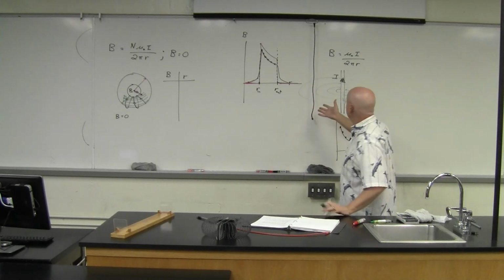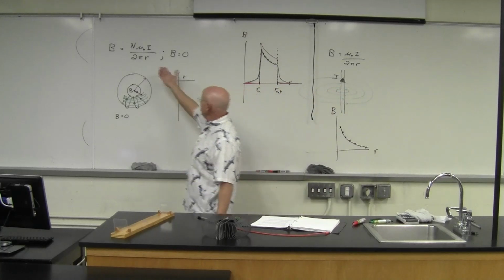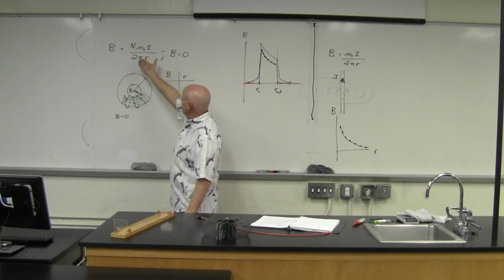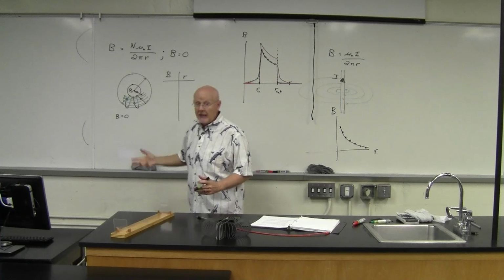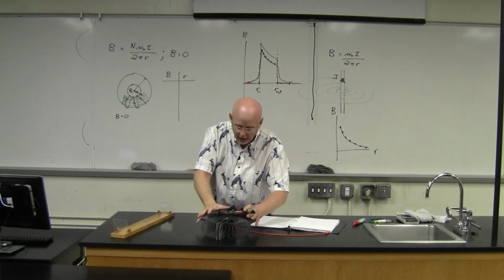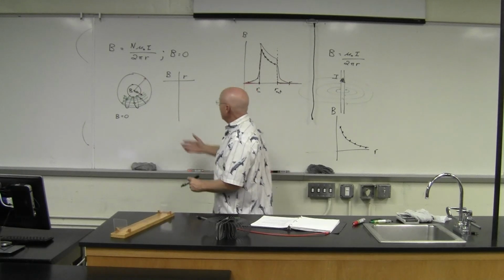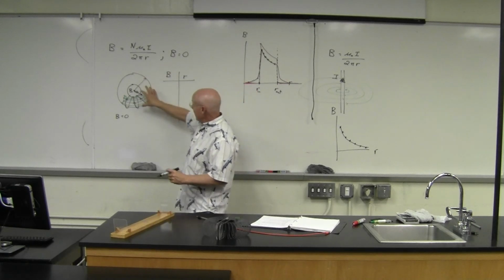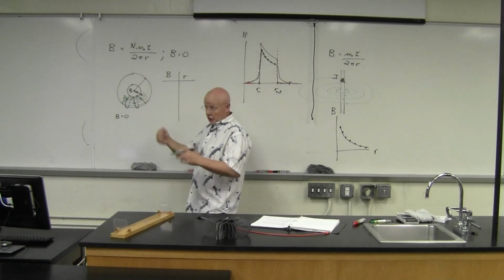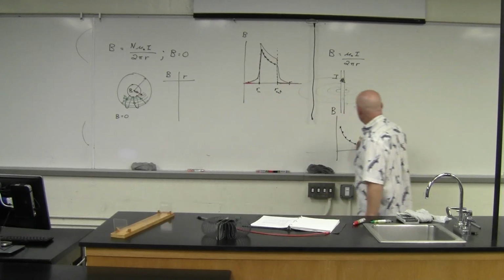In fact, you can see the difference in this equation versus this equation. This one has the number of turns, and the number of turns can be many. My little toroid here has about 40 to 50 turns. We'll count them. And so the field is 40 to 50 times bigger for the toroid than it is for the straight wire.